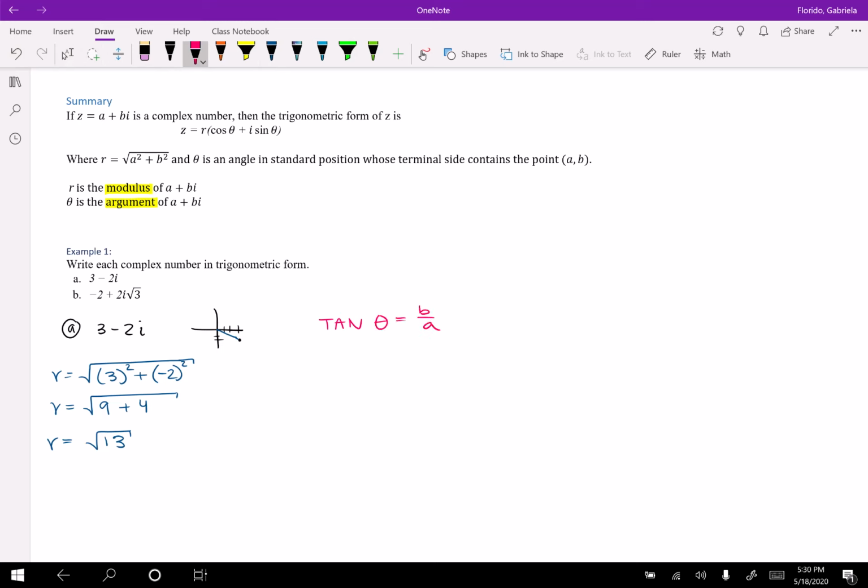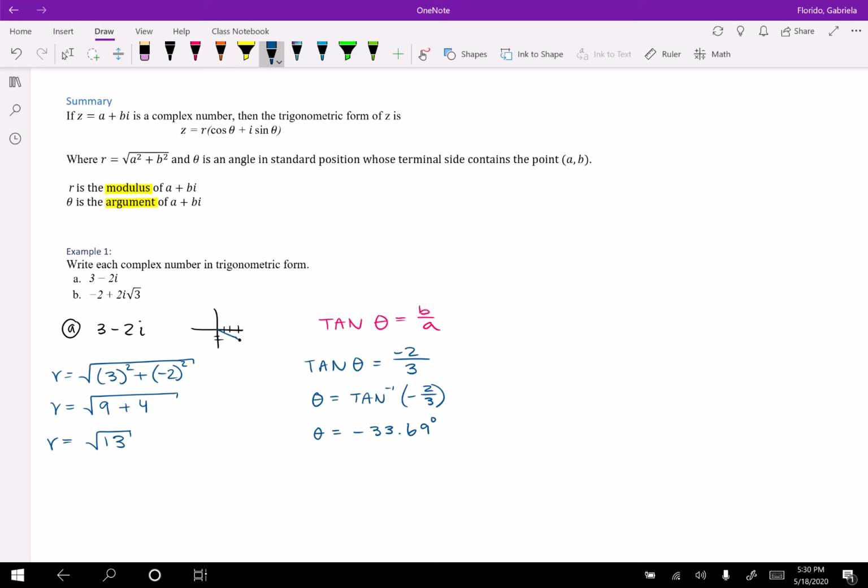In this case my b would be negative 2 and my a would be 3. And so tangent theta is equal to negative 2 over 3. And so if I use the inverse, tangent inverse of negative 2 over 3, my theta ends up equaling negative 33.69 degrees.